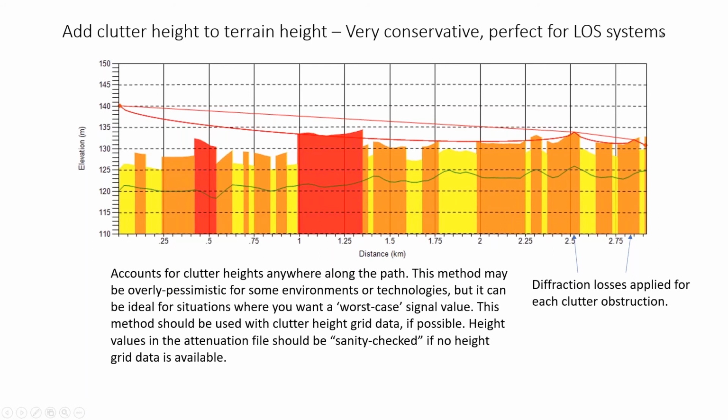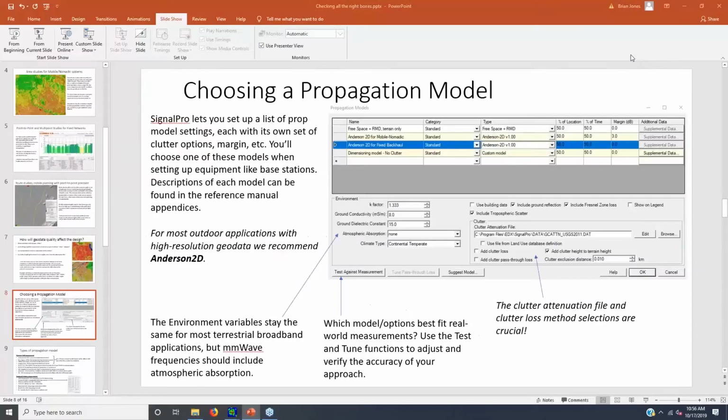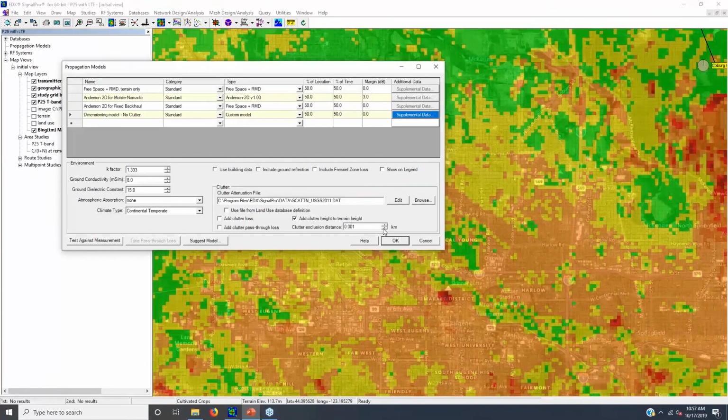And when I set this up, I have this clutter exclusion distance value here. It's like a setback distance where I'm saying, if I put 0.025 kilometers in there, I expect to have at least 25 meters of free space around my antenna before there's any clutter obstruction.